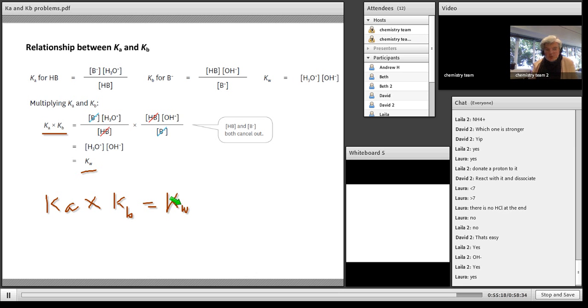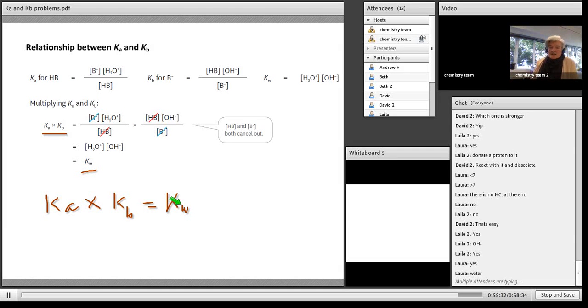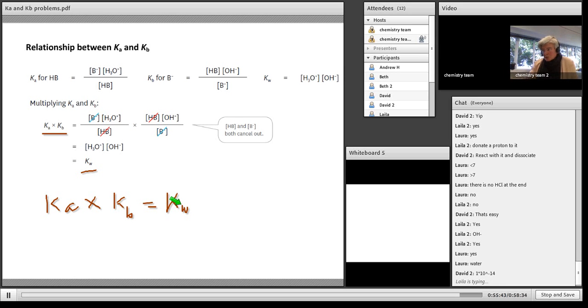Now Kw is a thing we haven't done yet. What do you think Kw would stand for? The water, the equilibrium constant for water. Water exists pretty much all as H2O molecules, but there is a very tiny bit, 0.000000000000001, count 14 noughts, one, of a water molecule that will break up to form the OH minus and the H plus.